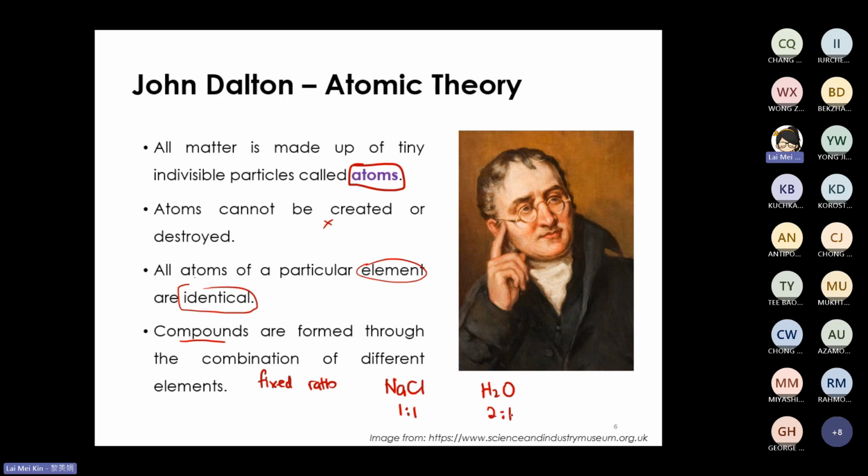This is the meaning. So atomic theory says that number one, atoms cannot be created or destroyed. Number two, for the same element, the atoms are the same. Same size, same mass, same number of proton, electron, neutron. All right. And number three, if I want to form a compound, it will be formed from atoms with a fixed ratio.